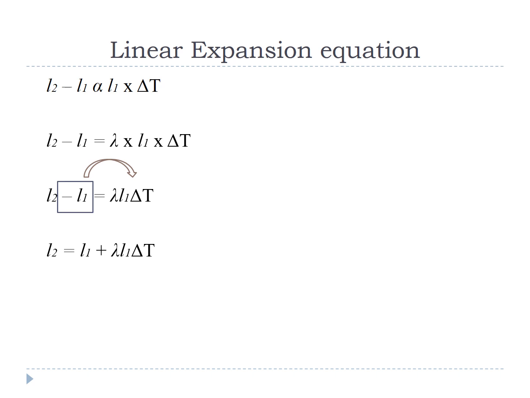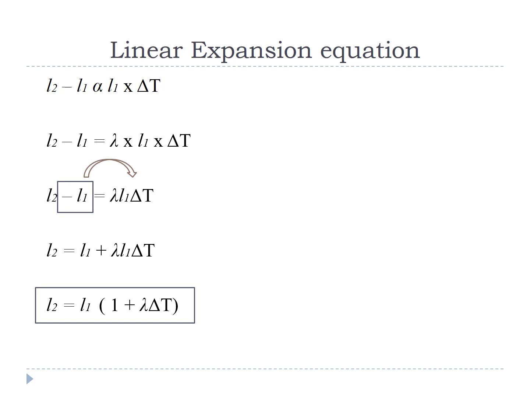So I take it as common. So I have L2 is equal to L1 (1 plus lambda delta T). I have just taken the L1 outside. This equation is called the linear expansion equation.